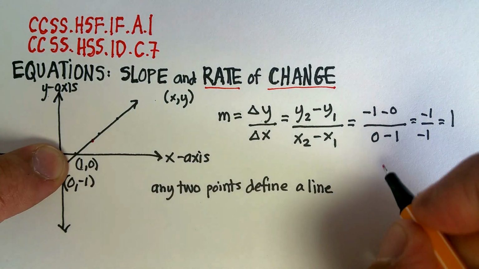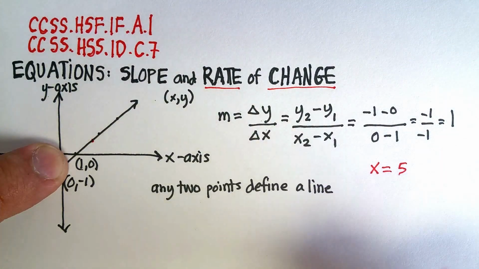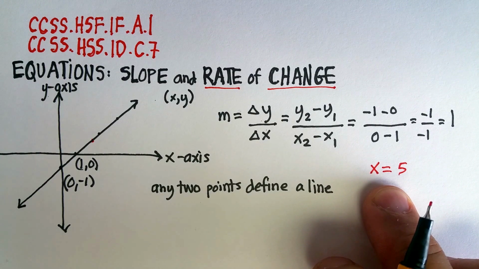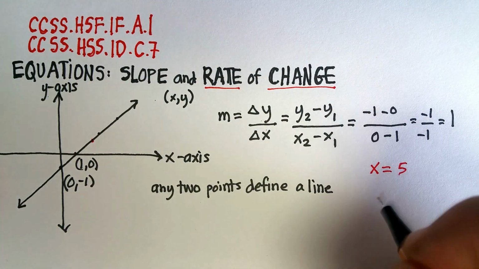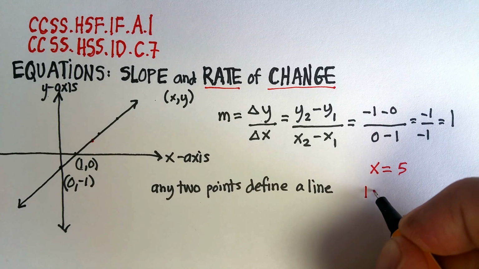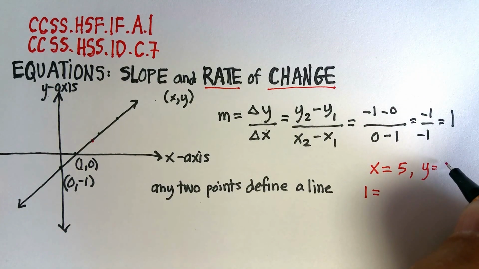So for example, if I said that my x increases by 5, what would be the increase of the y? Well, since I know that the slope is 1, let me just make this in the form of a question.